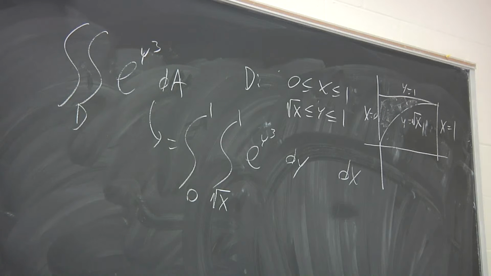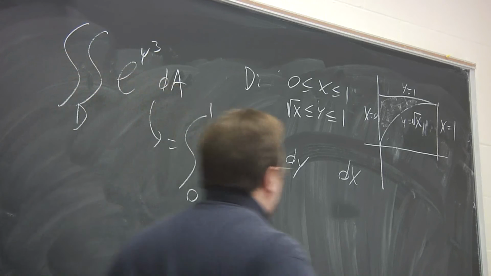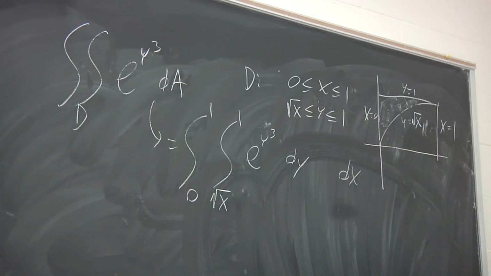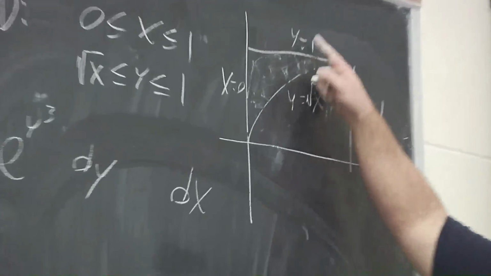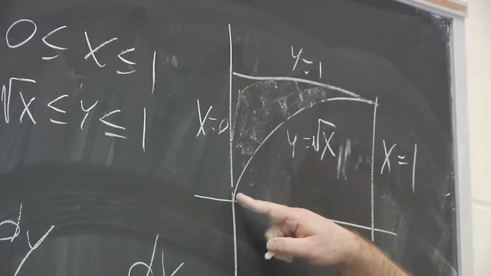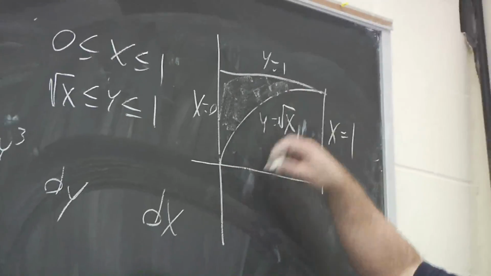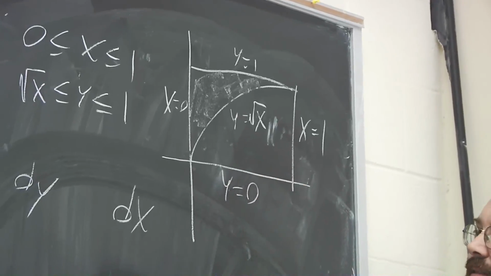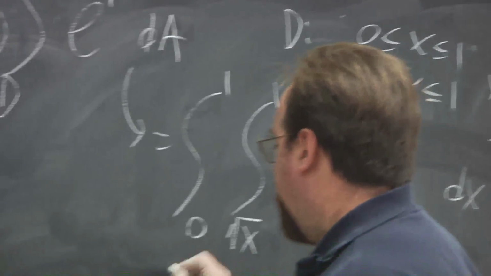It will never happen. So, let's try changing the description of the region to see if we get something that we can do. What that means is we need constant boundaries in terms of y. Well, this region extends from y equals 0 to y equals 1. So we have our limits in y.